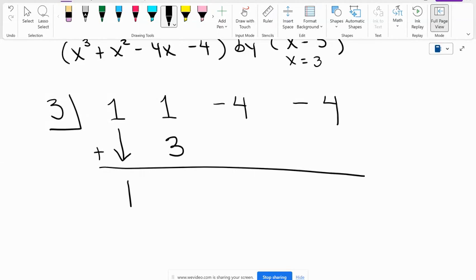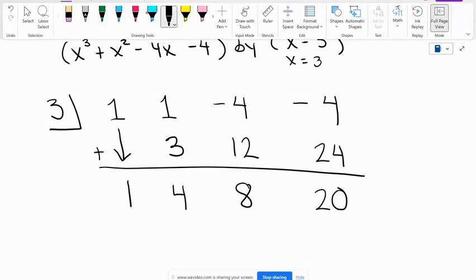You put it in the second column: 1 plus 3 is 4. We are going to repeat this process again. 4 times 3 is 12. And now we add the column. Negative 4 plus 12 is 8. 8 times 3 is 24. Negative 4 plus 24 is a positive 20.